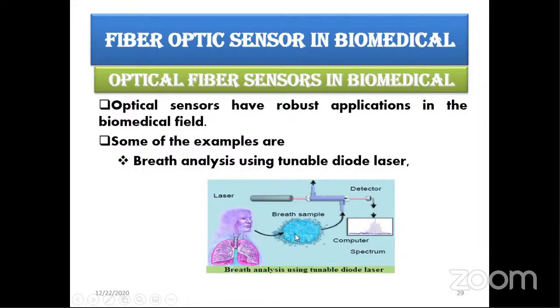Here the breath samples are collected, and laser light is passed through them. Chemicals from food or water are converted into species and reactive products are generated inside the human body, and the breath samples will reveal that. Based on the changes in the parameters, the chemicals will be identified. So this is an example of breath analysis using a tunable diode laser.